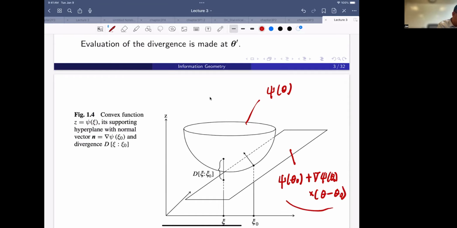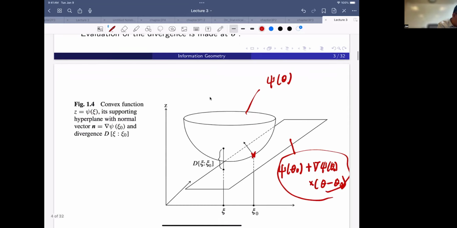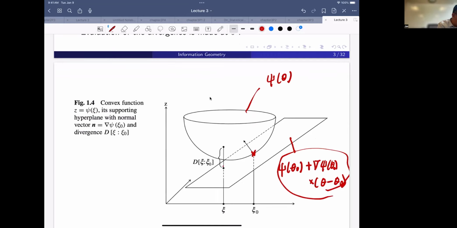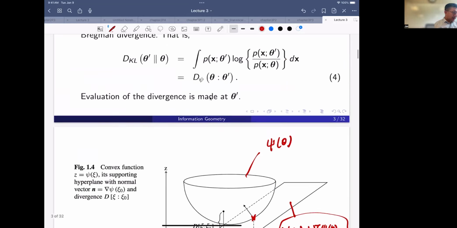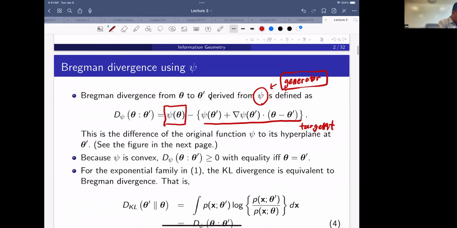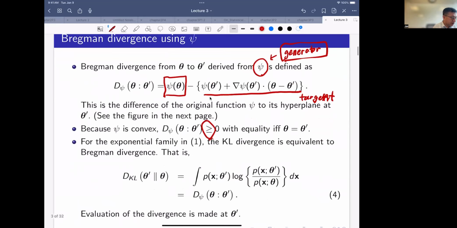And so this is actually a linear space. The difference from the tangent line, because of the convexity, because this psi is a convex function, means we will have this inequality.